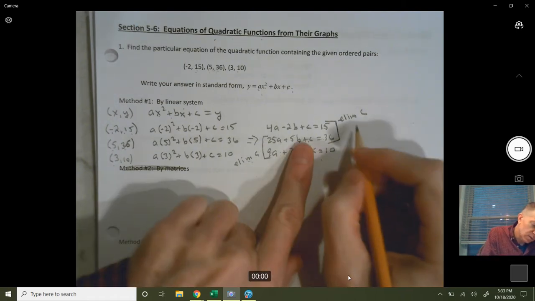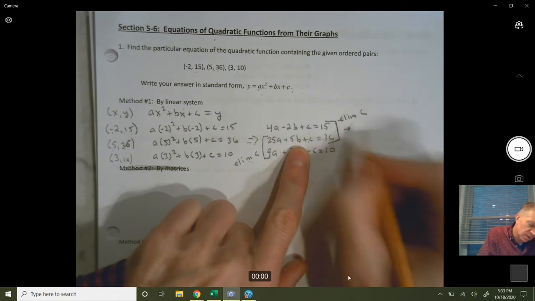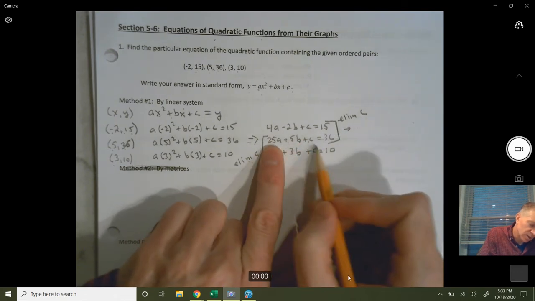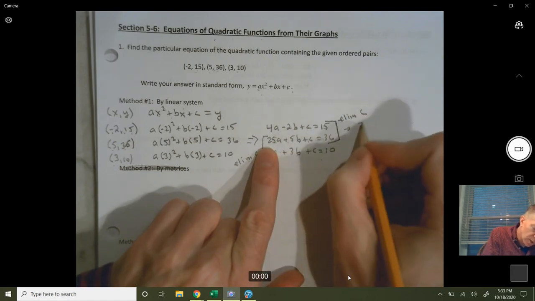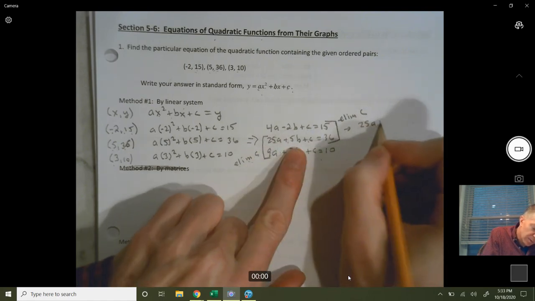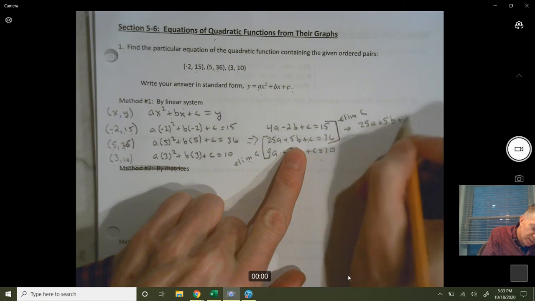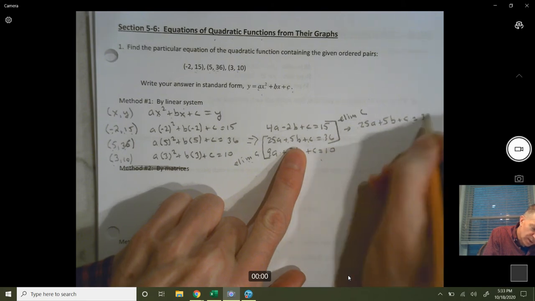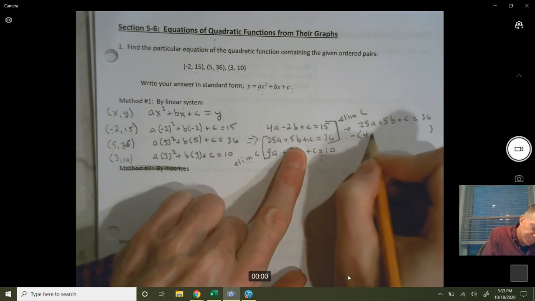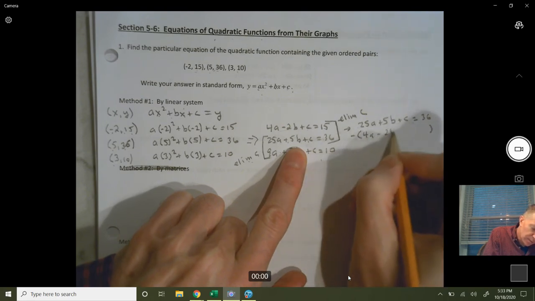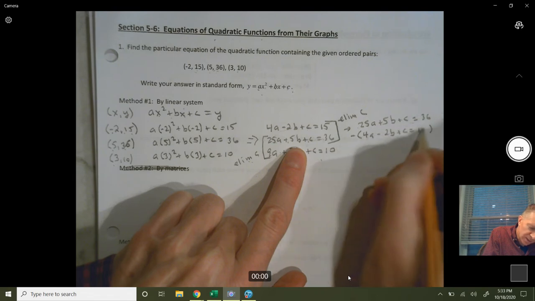So let's do this. Let's take the second equation and subtract the first equation. So 25a plus 5b plus c equals 36, and I'm going to subtract the equation 4a minus 2b plus c is equal to 15.